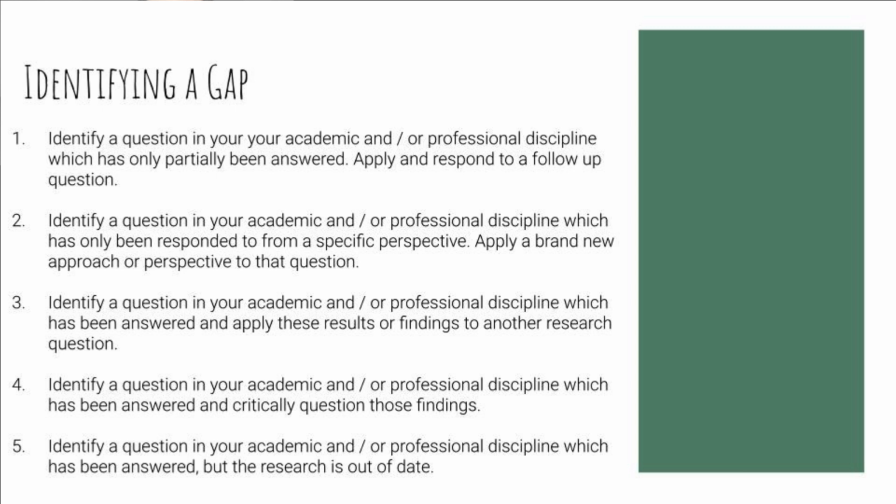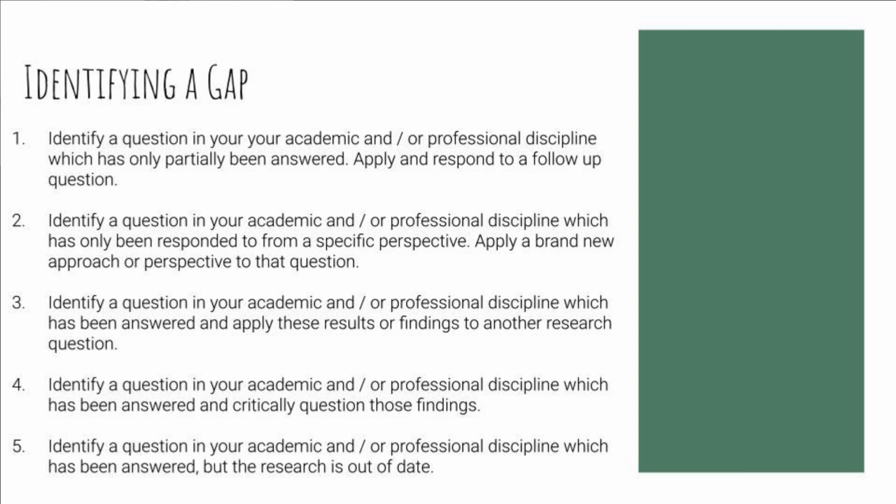Number two, identify a question in your academic and or professional discipline which has only been responded to from a specific perspective. Apply a brand new approach or perspective to that question. So if there's a research question that has looked at gender, like how are advertisement strategies which target females different than males, maybe you could look at it by generation instead.